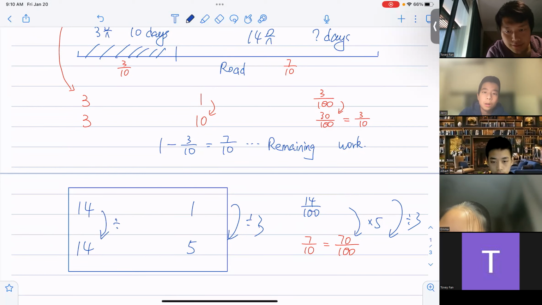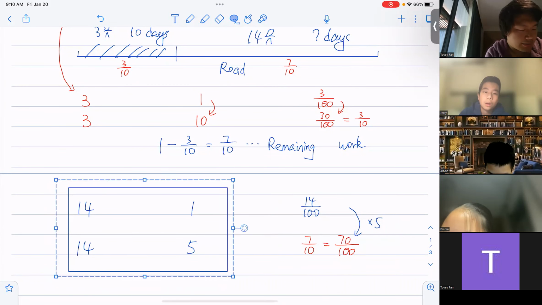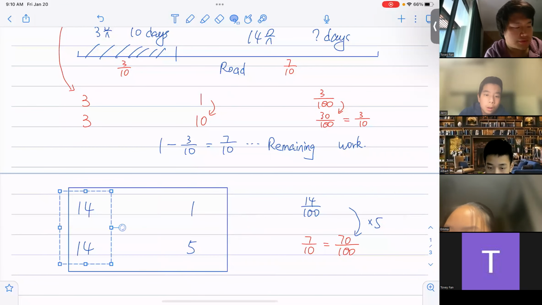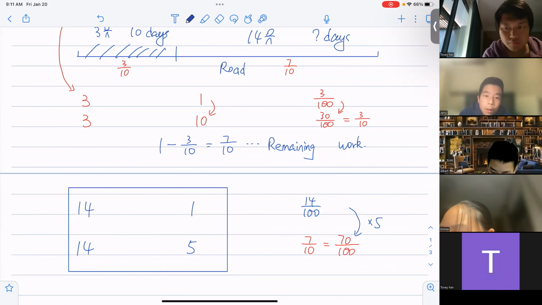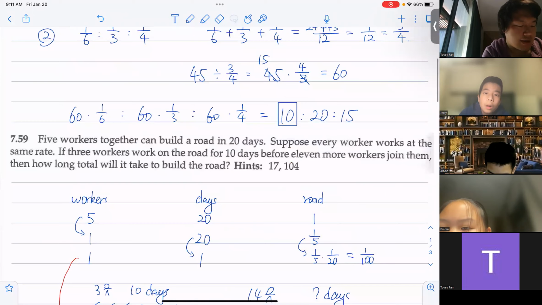You have to choose one. So based on the question, you list out your numbers, and the relationship is just that you multiply these two, you multiply the work. You divide these two, you divide the work. Sometimes the work is given, sometimes the time is given, sometimes the people is given. You don't know which is given. So based on different questions, you have to work out the missing numbers.